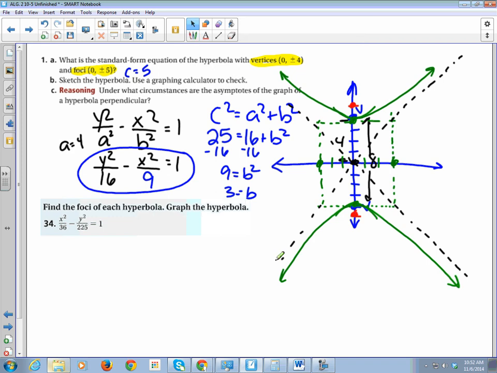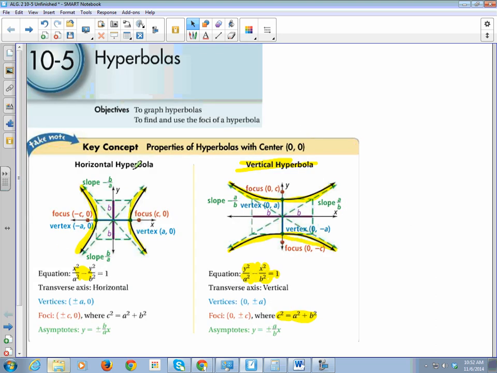All right, so that's a scenario where we're given information and we need to graph it. In this example question, we have the equation and we need to find the foci and graph the hyperbola. So to find the foci, because x is first in this equation, we see that we are a horizontal hyperbola.